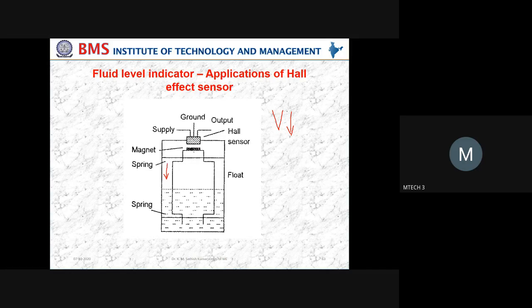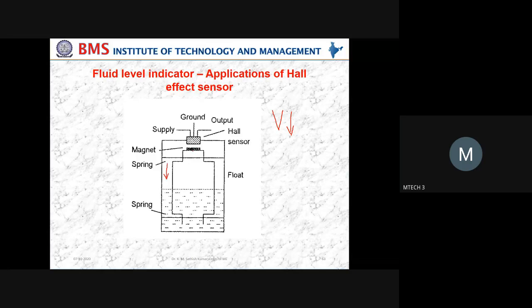Assume that it is a full tank. Under the full tank condition, the magnet is very close to the sensor. When the fuel is full in the tank, the float is on the top, so the magnet attached to the float is very near to the sensor.